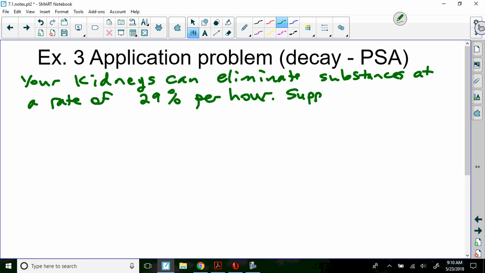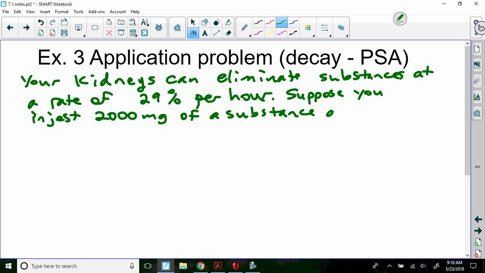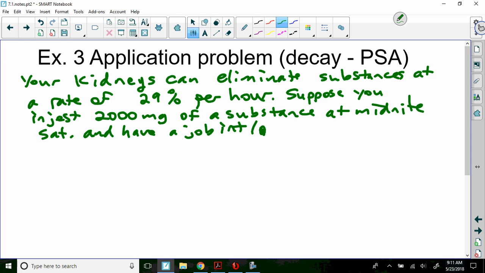Suppose you ingest 2,000 milligrams of a substance at midnight Saturday and have a job interview / drug test 9:30 Monday morning.